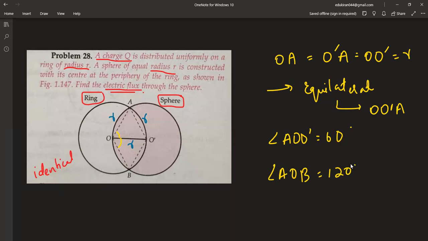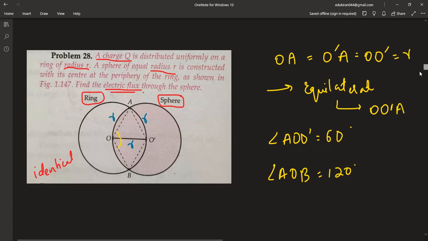Now see, what does this show? Obviously, this shows that 1/3 of the ring lies in the sphere. According to the angles, you can predict. We'll not see it from the figure, we'll see it through the angles. If this is 60 degrees, this is 120 degrees.